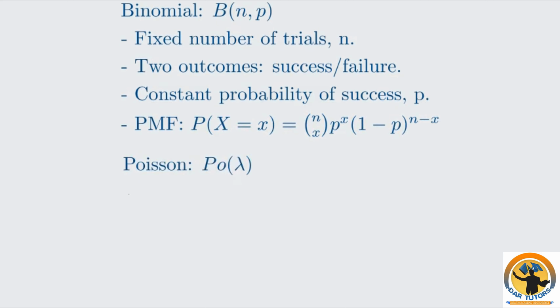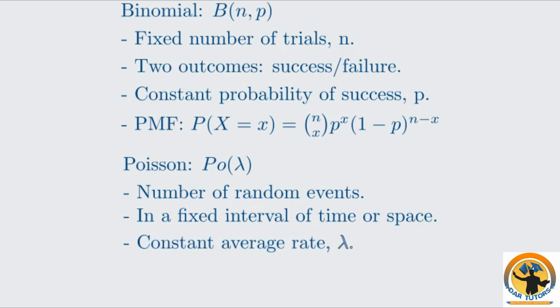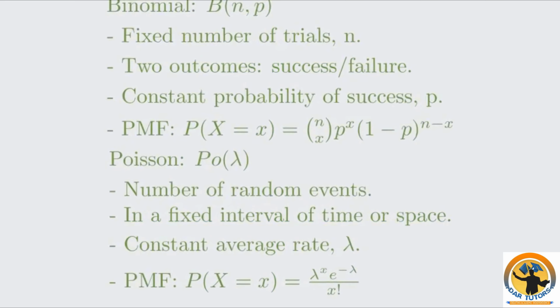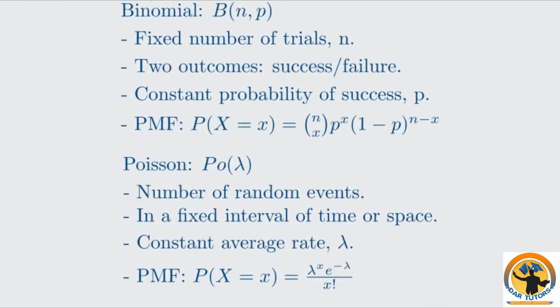Use the Poisson distribution when you are counting events that happen randomly at a constant average rate, lambda, over a continuous interval of time or space. The formula is lambda to the x times e to the minus lambda, all divided by x factorial. It's crucial to correctly identify the type of distribution in an exam question to apply the right tools.